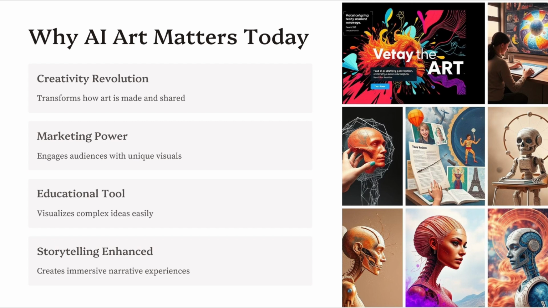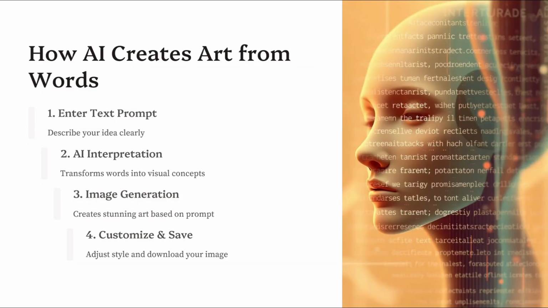It's changing how art is made and shared, empowering marketing with unique visuals, simplifying education, and enhancing storytelling. The possibilities are endless. Here is how it works. Describe your ideas in words, let the AI interpret and visualize it, generate stunning art, and customize it to perfection.